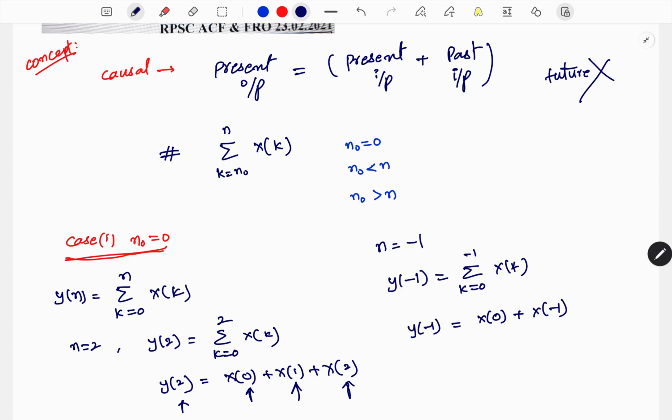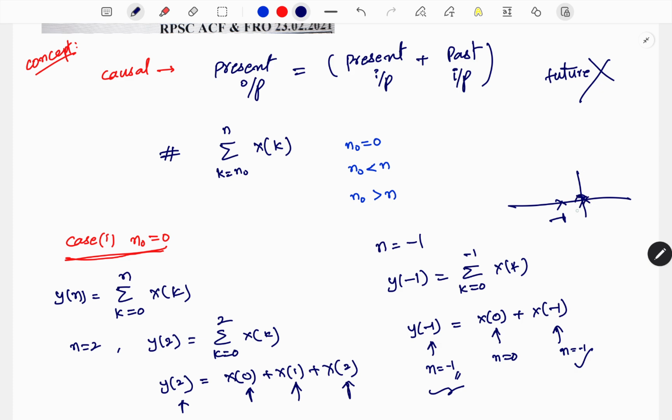Here we are taking the output at n is equal to minus 1. Input at minus 1 is okay. But the input is also taken at n is equal to 0, which means it is a future input. We are taking present output at n is equal to minus 1, but the input is taken at n is equal to 0.